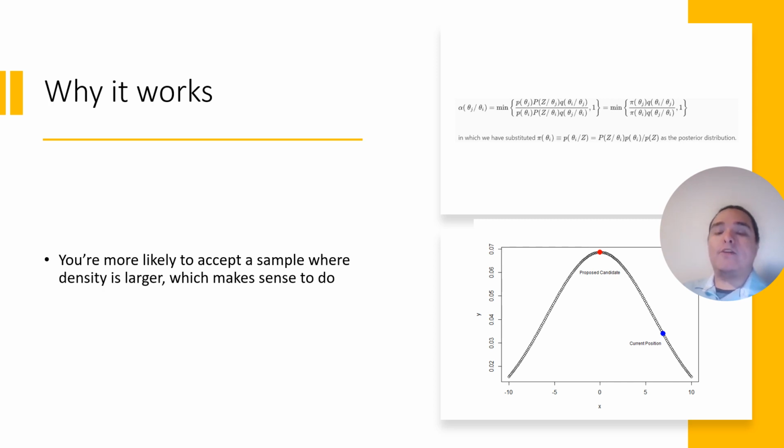We're considering the fact that we're at this point and we want to move over to a point somewhere else. Knowing if we are at a less dense area, we would want to move towards a denser area. And so the probability that we do so is always going to be higher than the reverse.